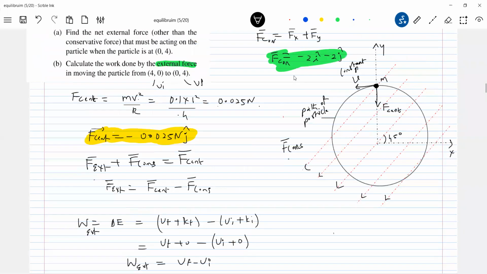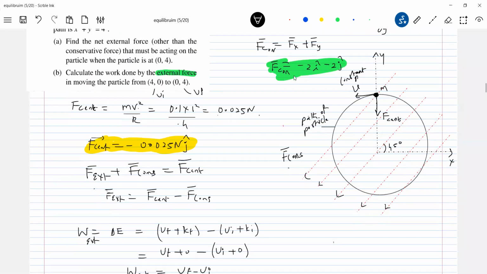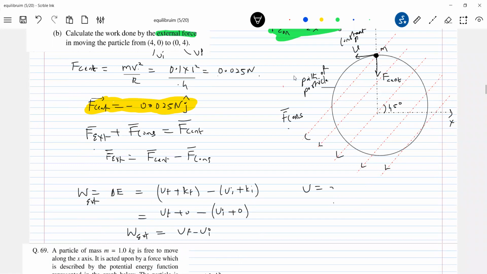So U equal to 2x plus 2y. UI at 4,0 is 2 into 4, 2 into 0, 8 joule. UF at 0,4 is 2 into 0 plus 2 into 4, 8 joule. So 0.